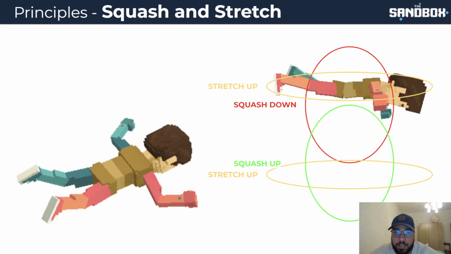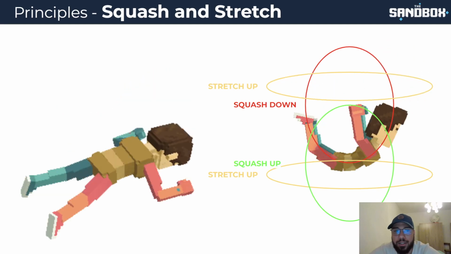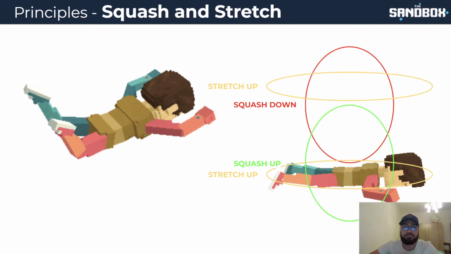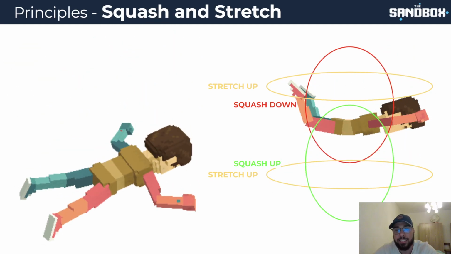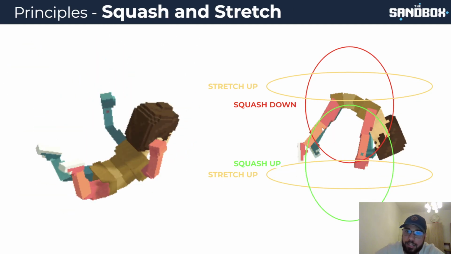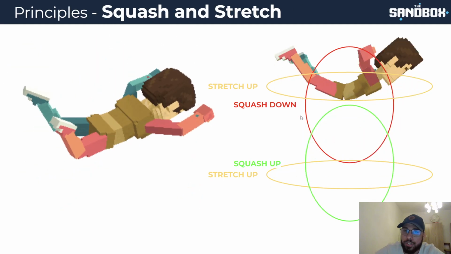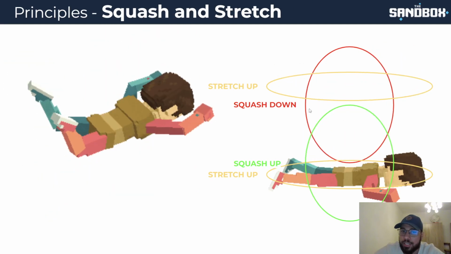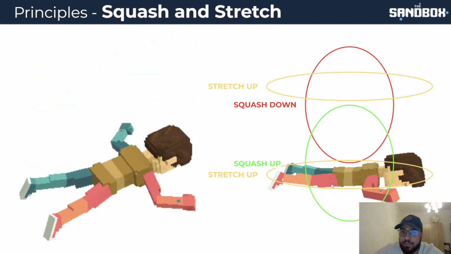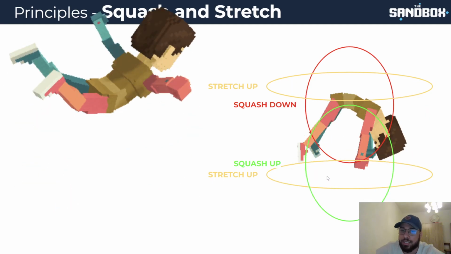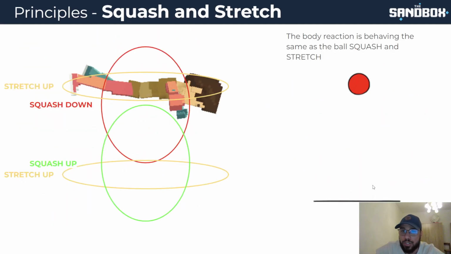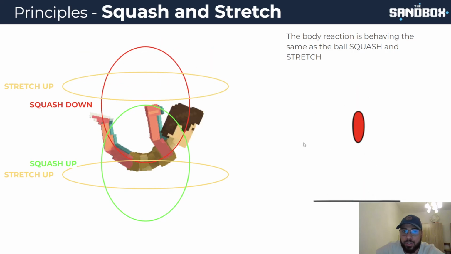So here we have an example of a guy free falling and then smashing on the ground. And then we have examples here like squashing, stretching, squashing again, and stretching again. So it's pretty much how a ball behaves.